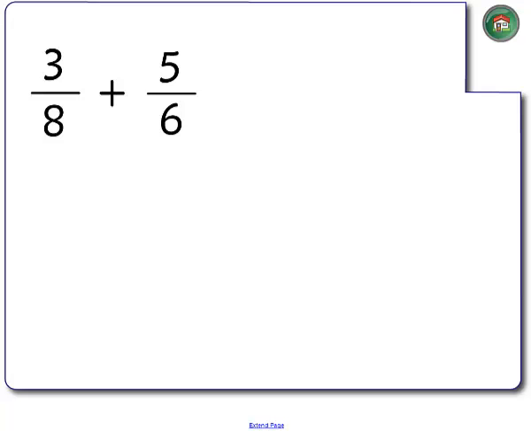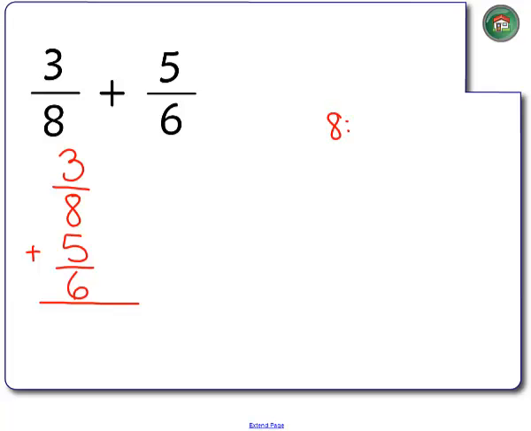Here we have another problem. 3/8 plus 5/6. I notice the denominators are not the same. So I'm going to rewrite this problem vertically. And I'm going to think about my denominators of 8 and 6. I need to find the least common multiple, but remember we're calling it the least common denominator.